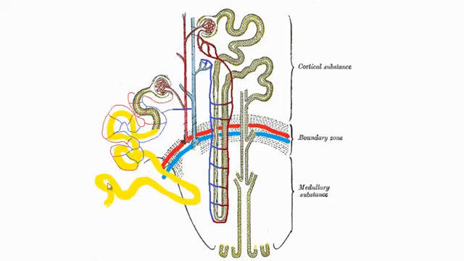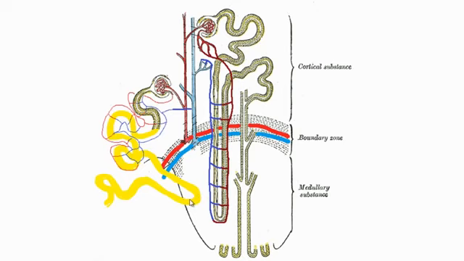So let's just say this is the cortical nephron. So a cortical nephron has the renal corpuscle further away from the medulla, deeper into the cortex. So this is something I've just drawn onto this diagram in Paint. I've kind of massacred Gray's beautiful artwork, but this yellow thing is the proximal convoluted tubule. So the loop of Henle of a cortical nephron is much shorter.